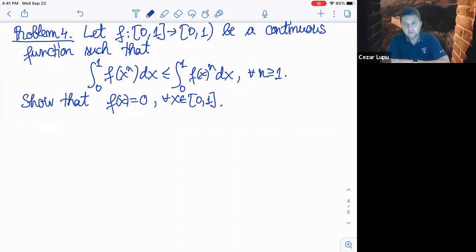There might be a temptation for you to use some kind of weird integral inequalities, but I can assure you at least that this kind of approach will not be successful.